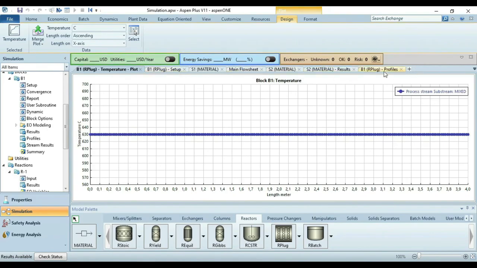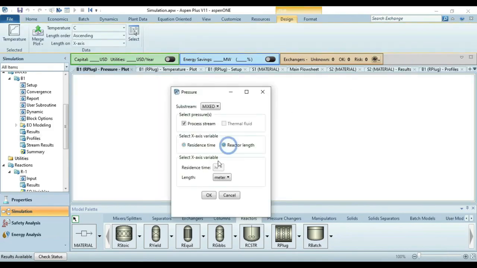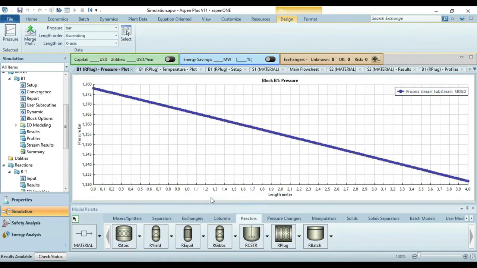So the energy of the reaction is being transferred to the heat transfer system of the reactor. Next, let's plot the pressure, and we can see here that the pressure in our reactor is slightly decreasing.